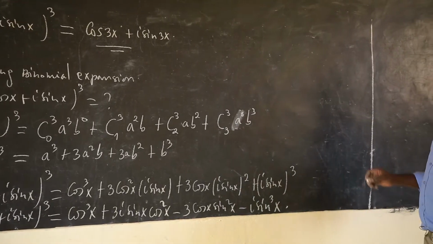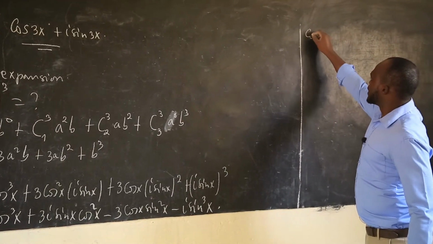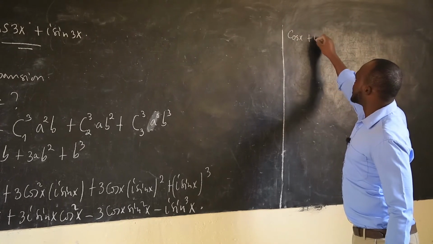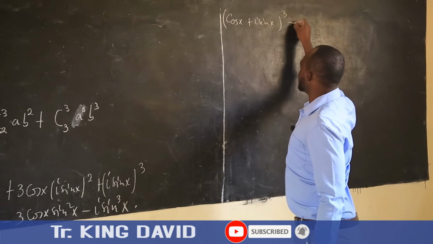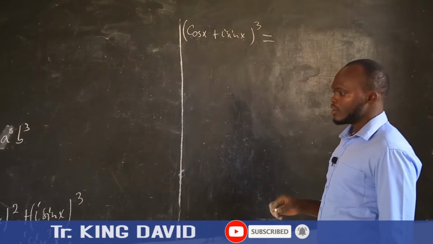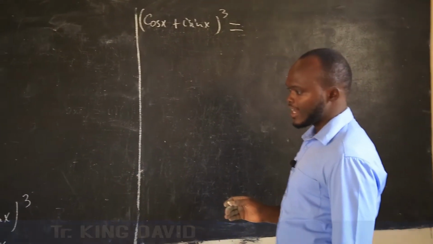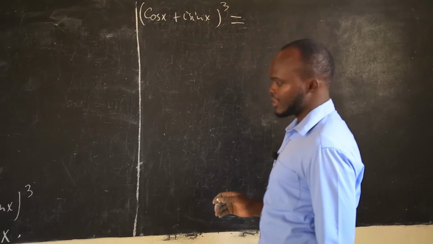So cos x plus I sin x power 3, we're going to group the real part and imaginary part together.